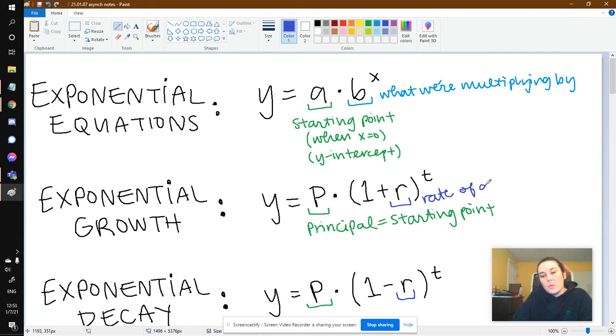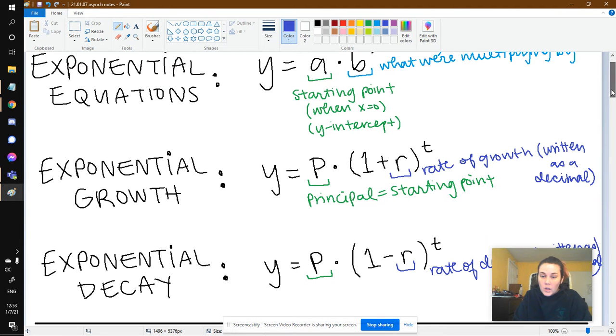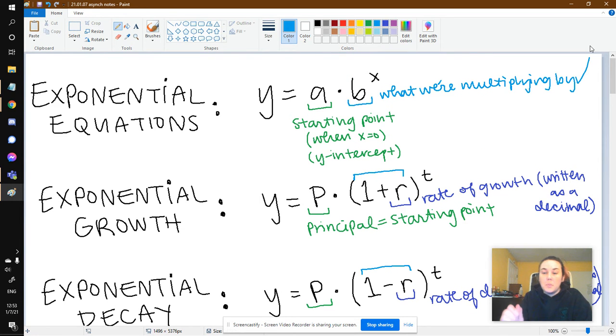Here, it's the rate of growth, written as a decimal. And here it is the rate of decay, also written as a decimal. And together, this 1 plus r and this 1 minus r just become the number we're multiplying by, right?